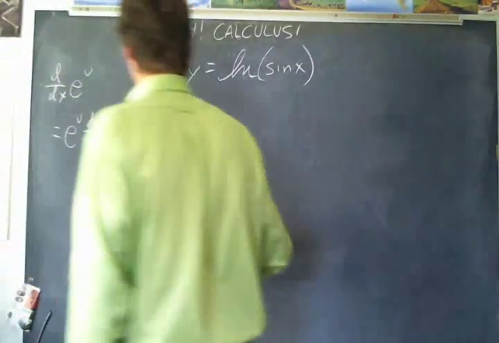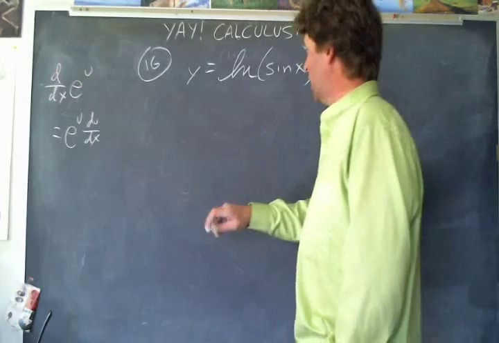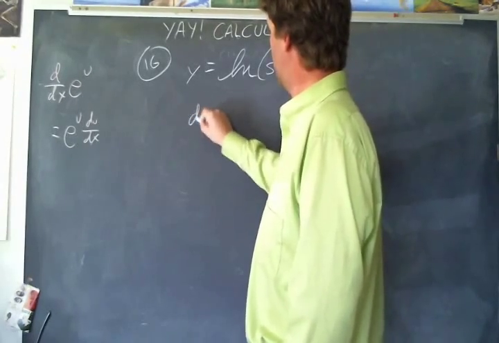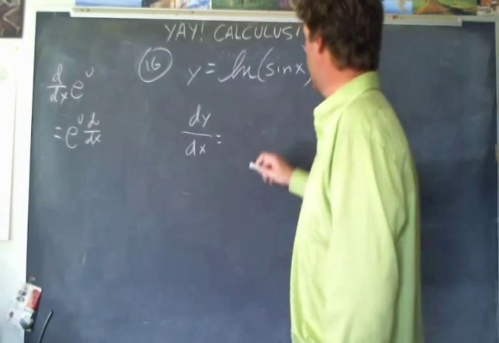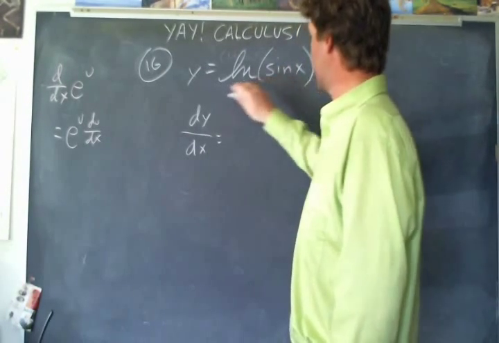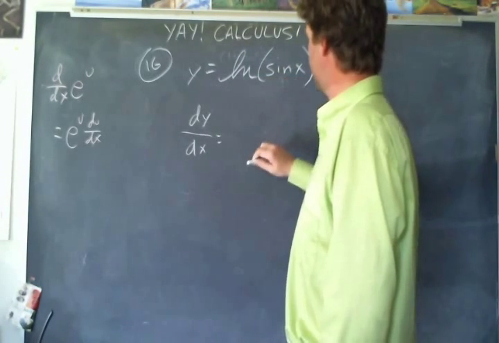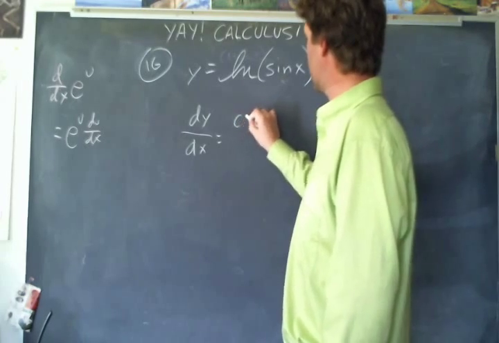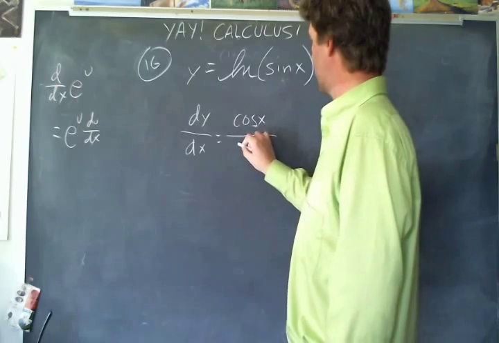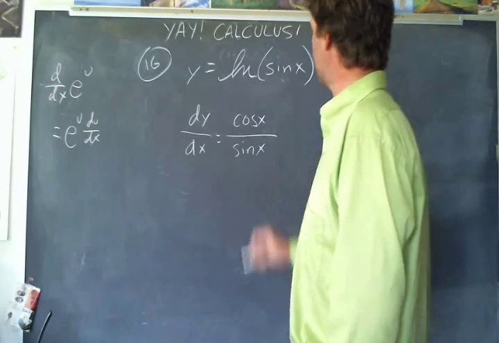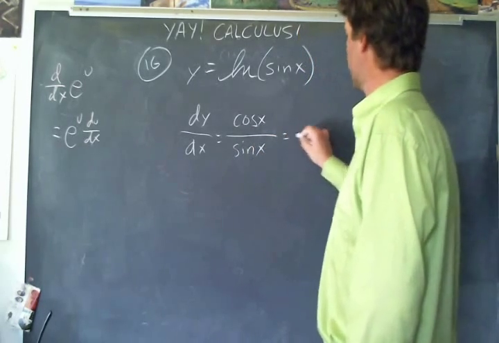Good. Natural log rule was on previous video. dy/dx. I have the derivative of this over this. The derivative of sine of x is cosine of x over what's inside, and that's just cotangent of x.